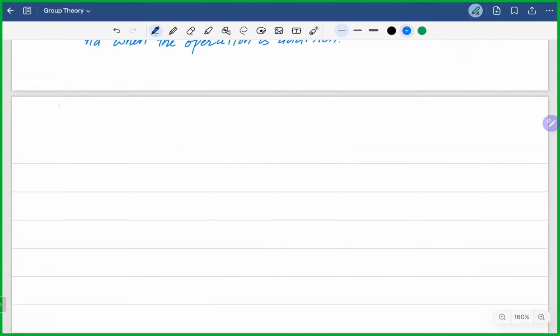Okay, and then example 11 says that in Z, the set generated by minus 1 is Z itself.